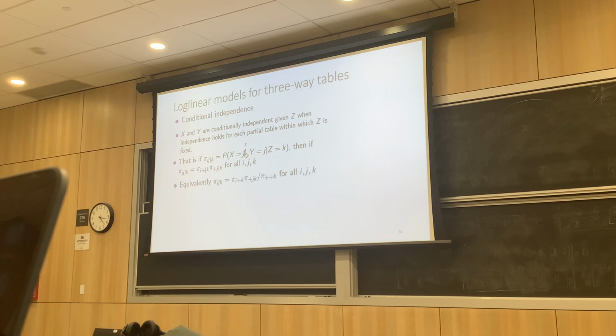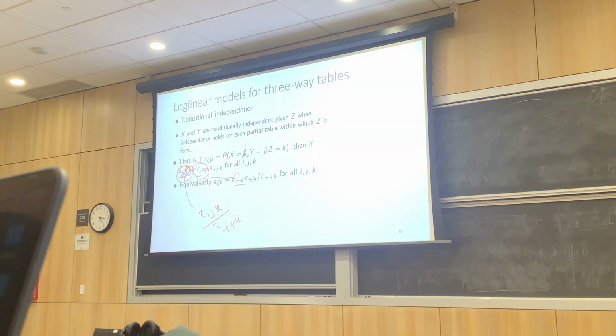We saw that, and we can write this by writing down the definition of conditional probability, that is pi ijk divided by the probability for this one only, that is pi plus k. You can write that one this way, this divided by this and this.